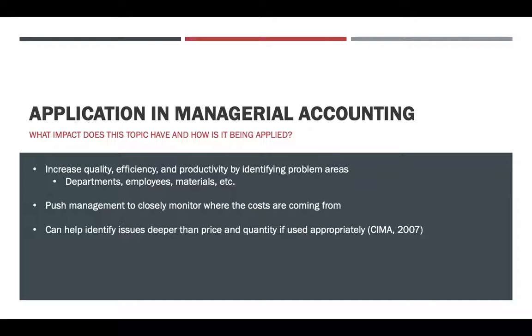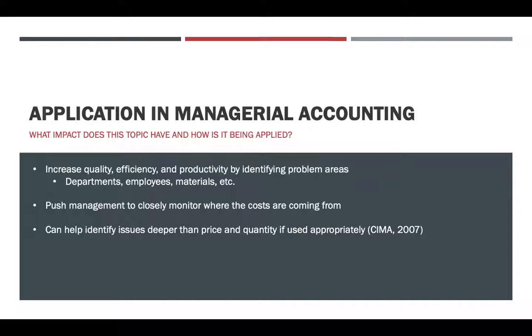In developing the standard costs to compare to the actuals at the end of the period, management can more closely regulate and be aware of what is going into the cost of a product, and with variance analysis, how it can be improved.